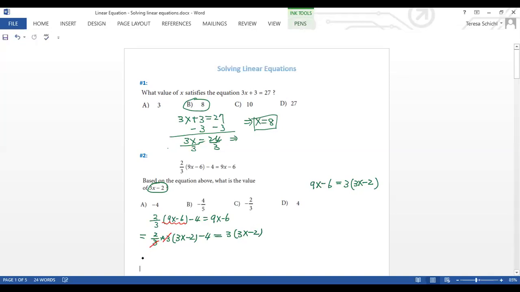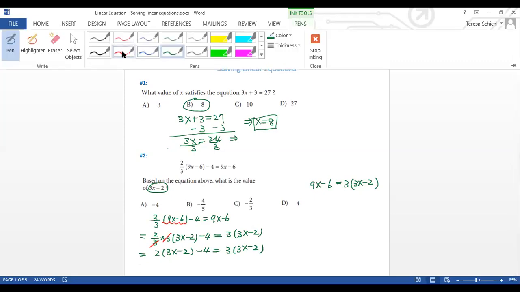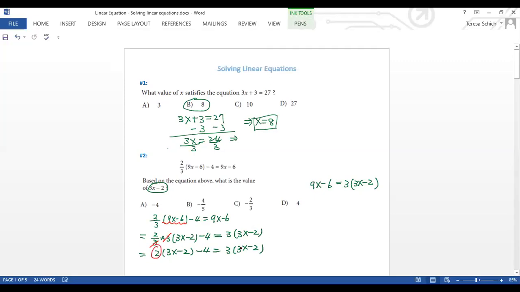You have 2 times (3x minus 2) minus 4 is equal to 3x minus 2, right? They asked for 3x minus 2, and in here you have 2 times (3x minus 2) on one side and 3x minus 2 on the other.